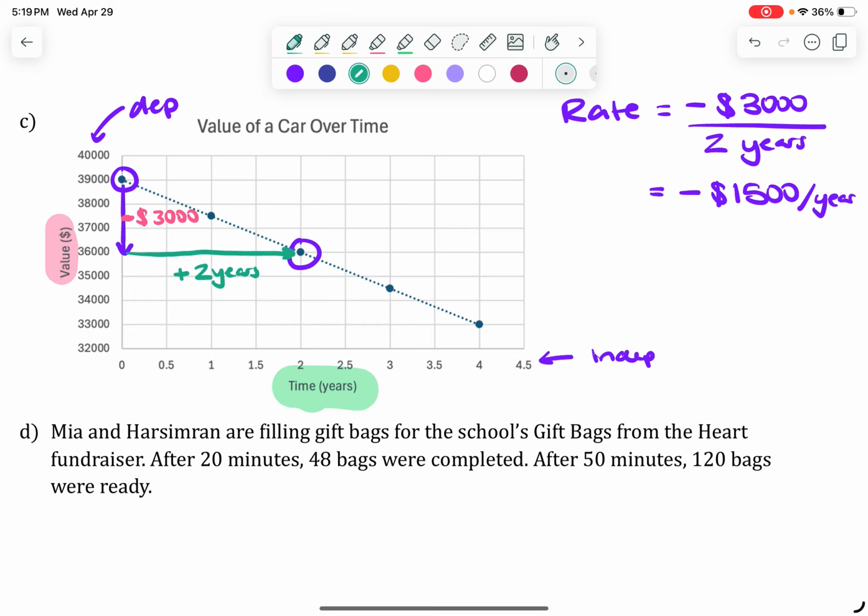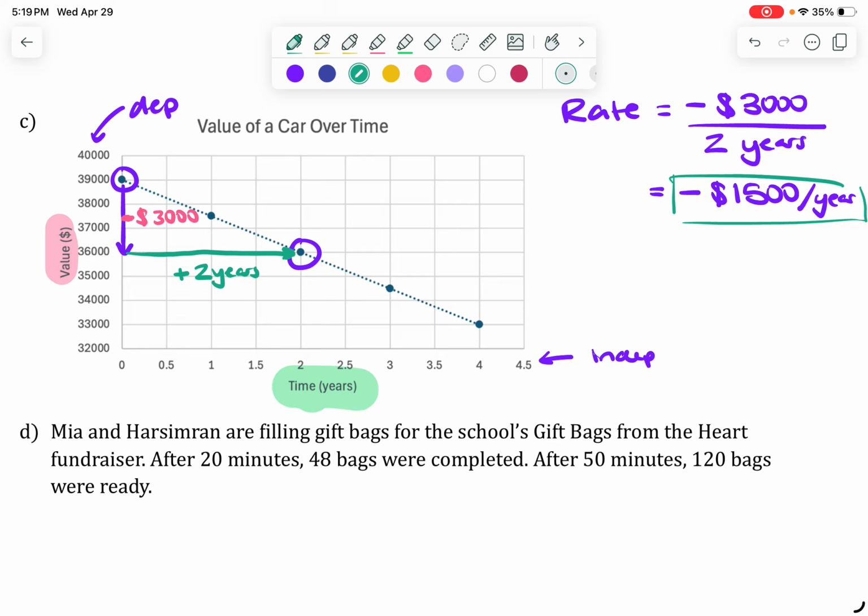Now, if we think about it, and you're like, whoa, negative money? What the heck? Well, think about the context. It's the value of your car over time. When you buy a car, the value of it, other than old vintage models, which is a different story, if you went to a car dealership and you bought the brand new 2027 model of whatever it is, the moment you drive it off the lot, your car tends to start to depreciate.